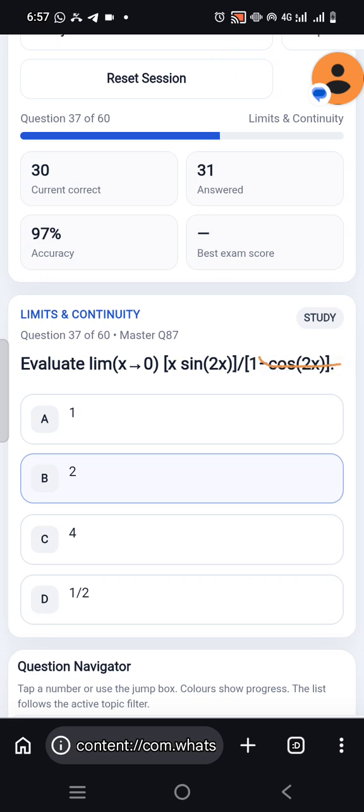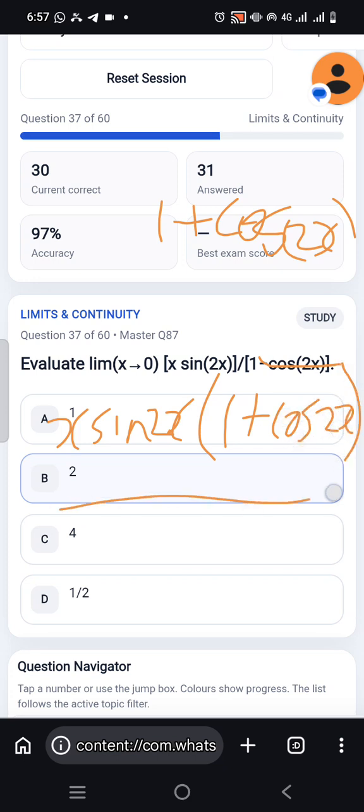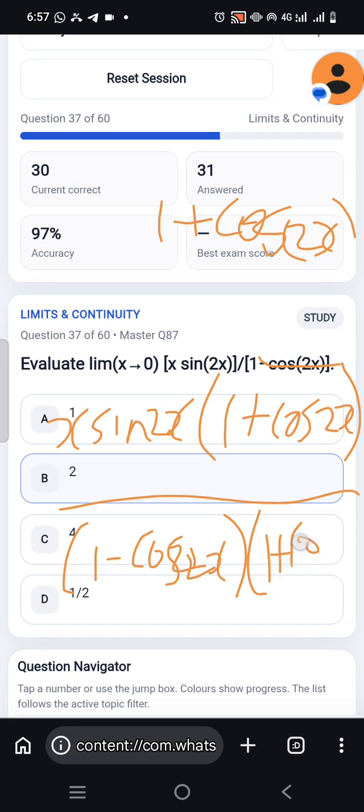Rationalize this 1 minus cos 2x. Let me multiply both numerator and denominator by 1 plus cos 2x. So that will be x into bracket sin 2x into bracket 1 plus cos 2x, all over 1 minus cos 2x times 1 plus cos 2x.